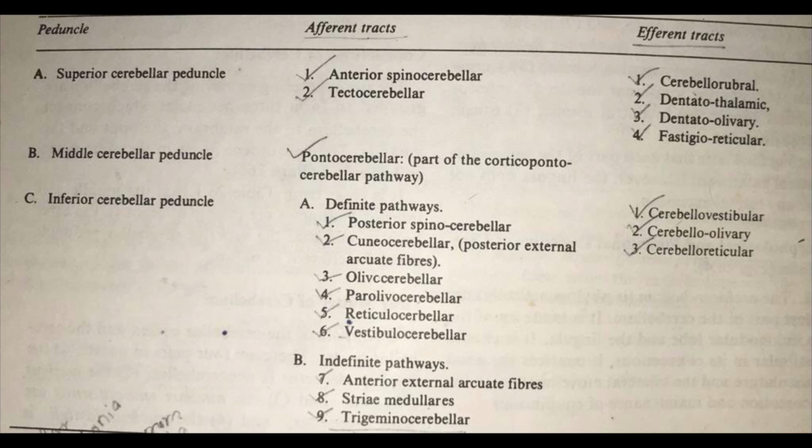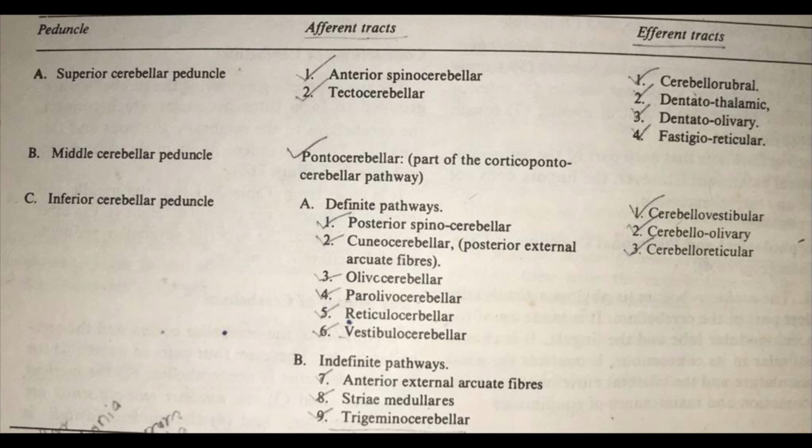The superior cerebellar peduncle has afferent tracts: anterior spinocerebellar and tectocerebellar tract, which we already saw in the spinal cord. Then the efferent tracts are cerebellorubral, to the red nucleus, and dentatothalamic, from the dentate nucleus of the cerebellum to the thalamus.